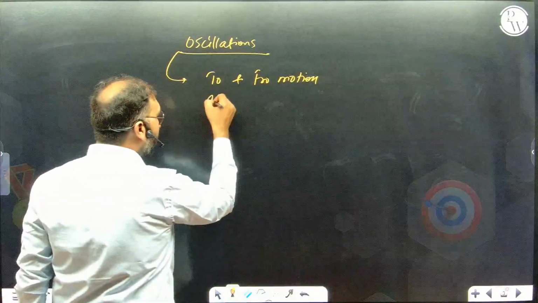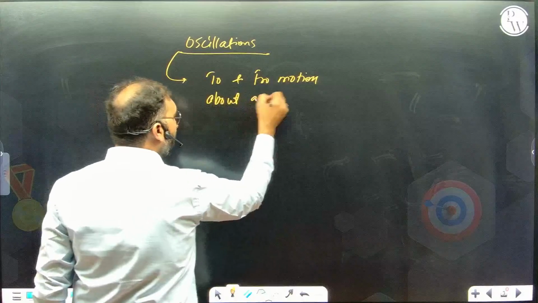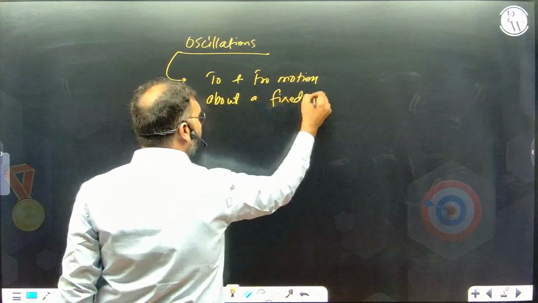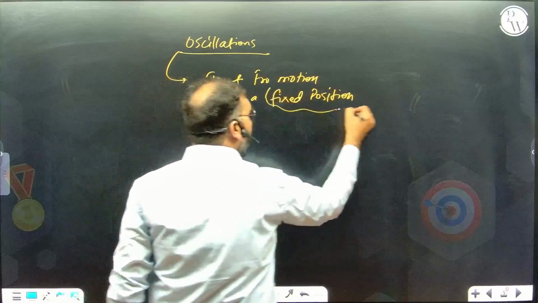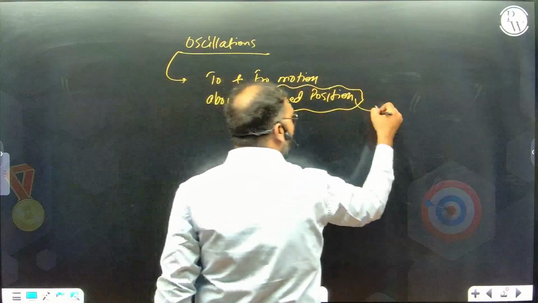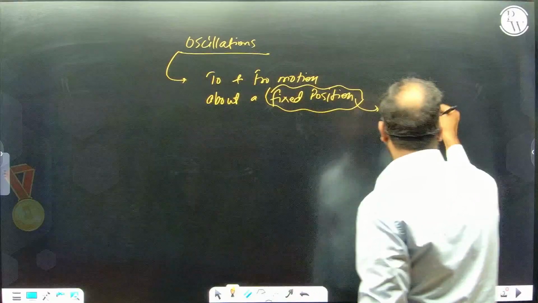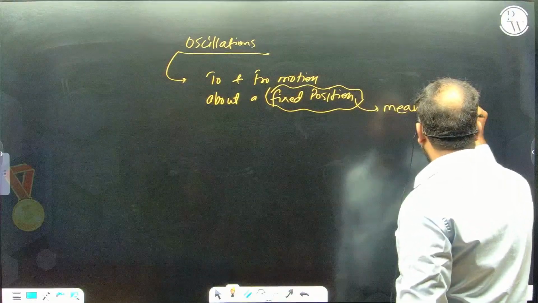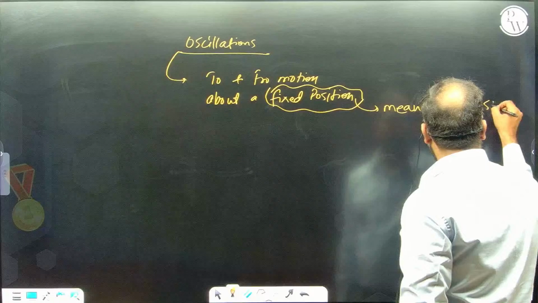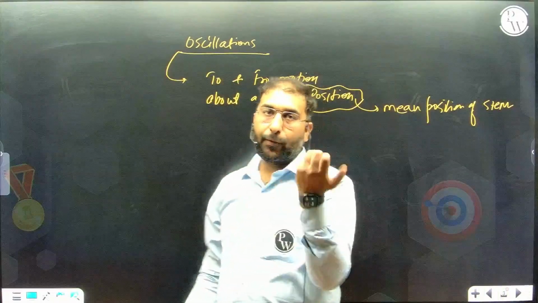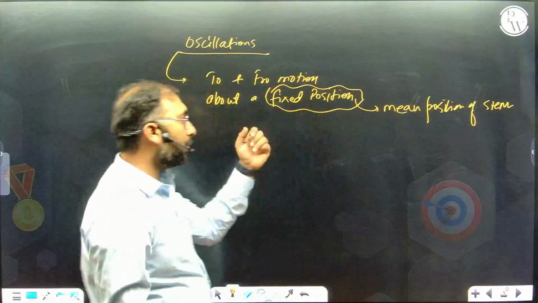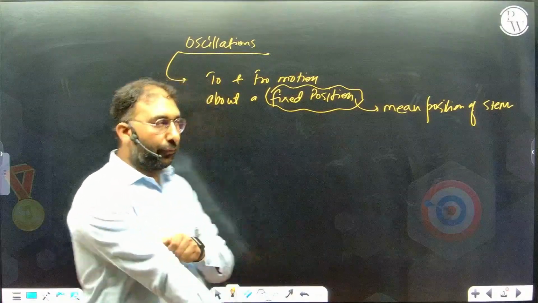And you know that this fixed position is known as the mean position of SHM. So the point about which the particle performs to and fro motion is what we call the fixed position, or the mean position of SHM.